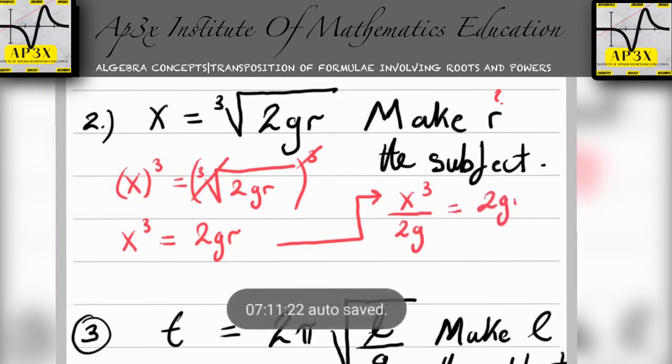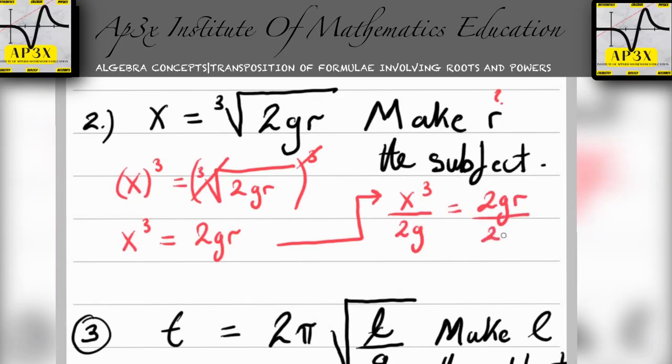So that's 2gr divided by 2g, and the 2 cancels the 2, the g cancels the g. Therefore our final result is that x cubed divided by 2g gives us r, which is our intended subject.